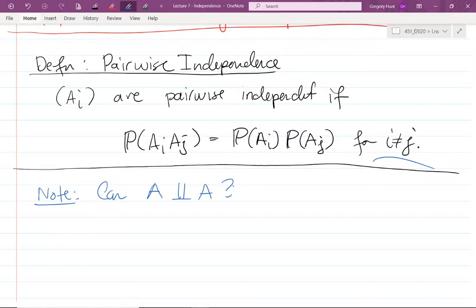Well, the layman's intuition with independence says that generally events wouldn't be independent of themselves, right? I know A occurred, surely I know A occurred. And so I have a lot of information about it. The occurrence or not of A should not be independent of the knowledge that A occurred or not. When does the intuition break down?